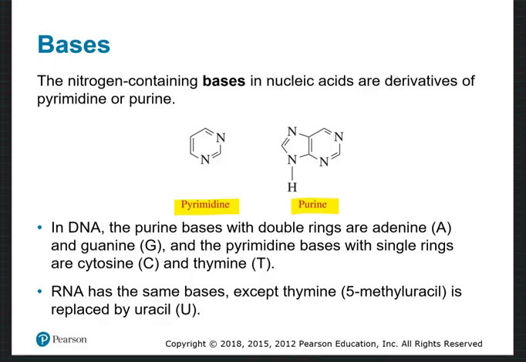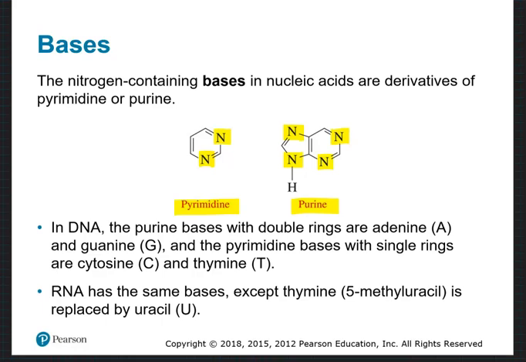The molecule that you see on the left is the molecule of pyrimidine, which contains two nitrogens in its aromatic ring, and the molecule on the right is the molecule of purine, which contains four nitrogens in the aromatic system.